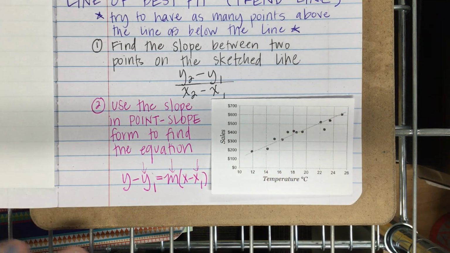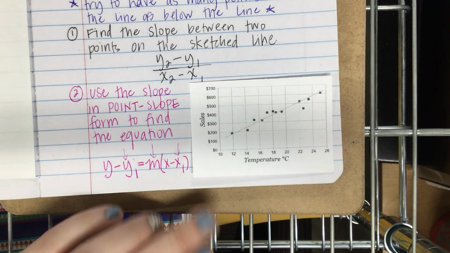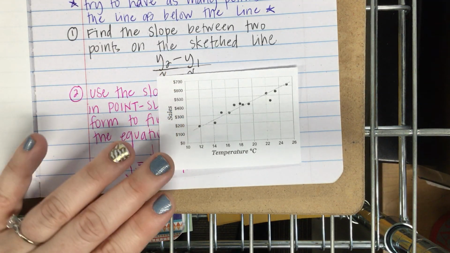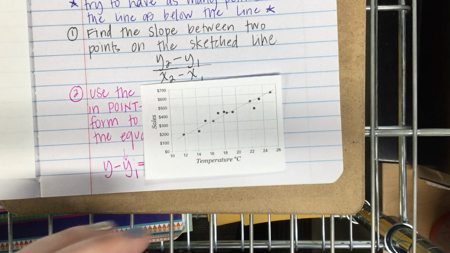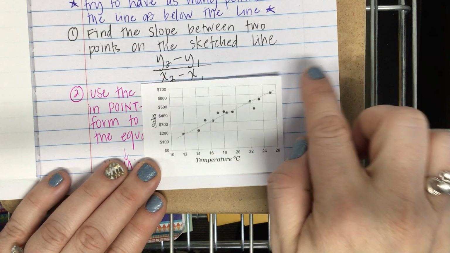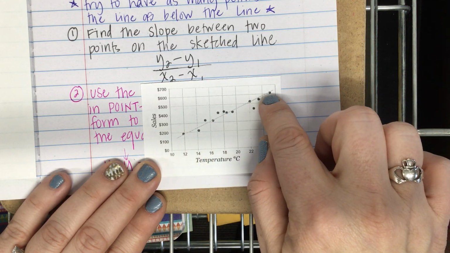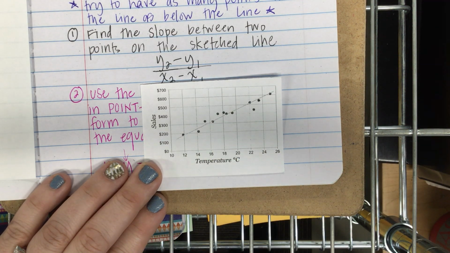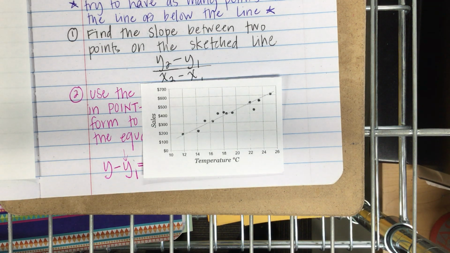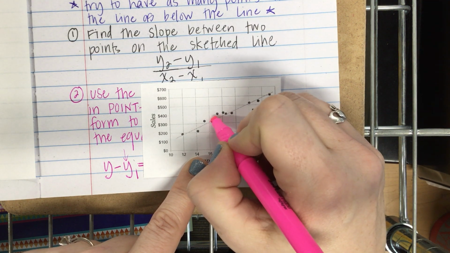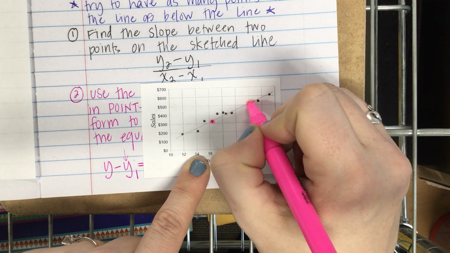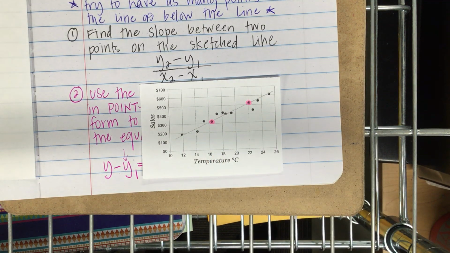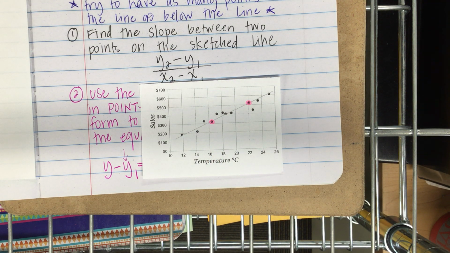So let's look. I'm going to zoom in really close. Here's my scatter plot, and here's my trend line that I estimated. On that trend line, I've got an ordered pair here and an ordered pair here, so I can find the slope.